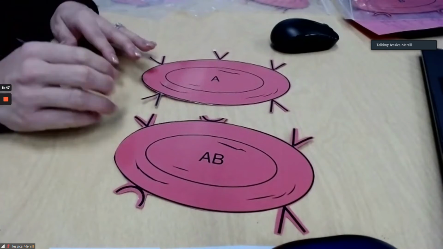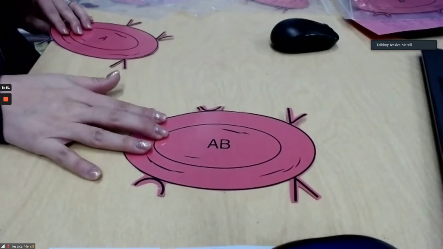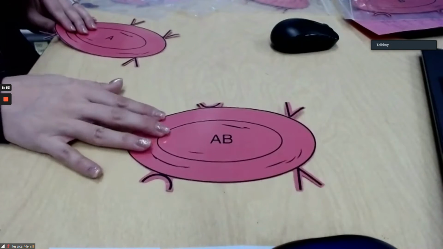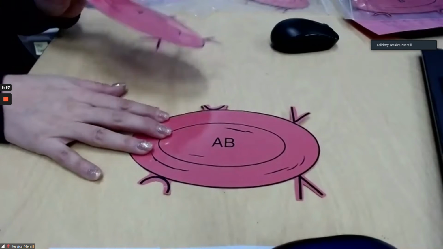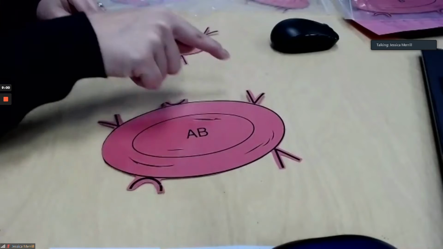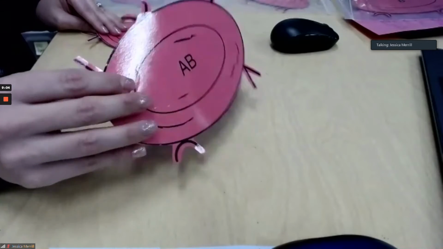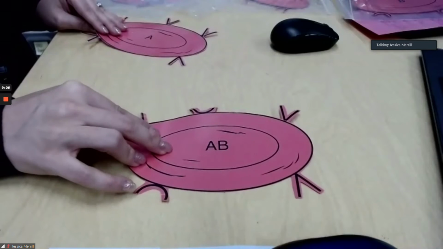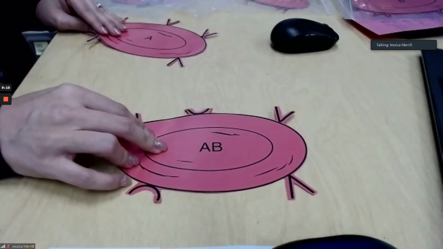In fact, that is why type AB, specifically AB positive, is called the universal recipient, because it can take any blood. There are no antibodies that are going to clot with it. So really, you could go through this entire data table, and anything where AB is a recipient, it's not going to clot.